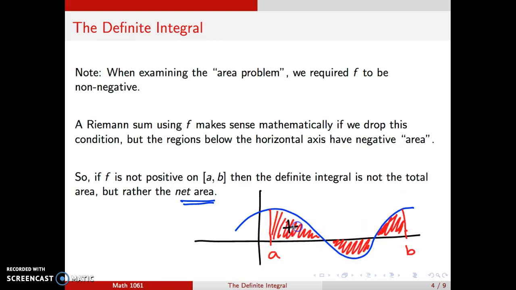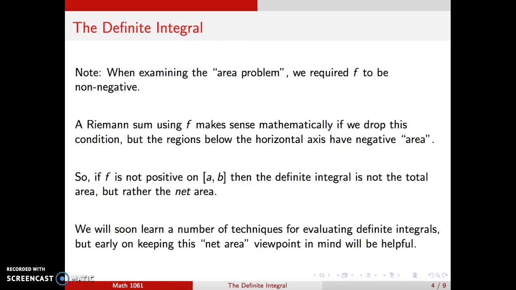This part will be positive, this part will be negative, and this part would be positive as well. So plus, minus, plus, if you like. That's what we mean by that net area idea, the overall total. We're going to learn a number of techniques for evaluating integrals, because evaluating them using limits is very, very difficult. But early on this net area viewpoint, we'll find it to be helpful.